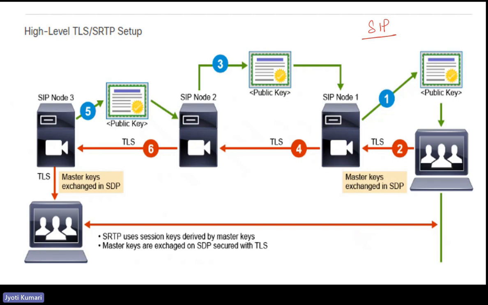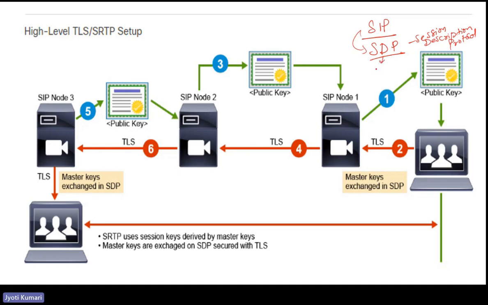Then media identification and negotiation are all done with the help of SDP, the Session Description Protocol. This is a protocol which is used for media negotiation in SIP. Within this, if you have TLS enabled, it can exchange the keys.